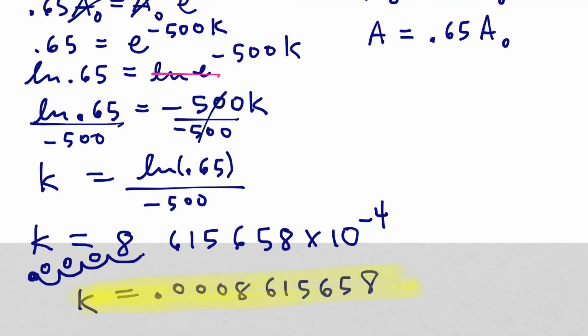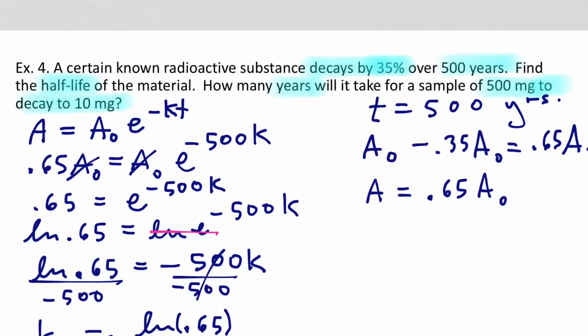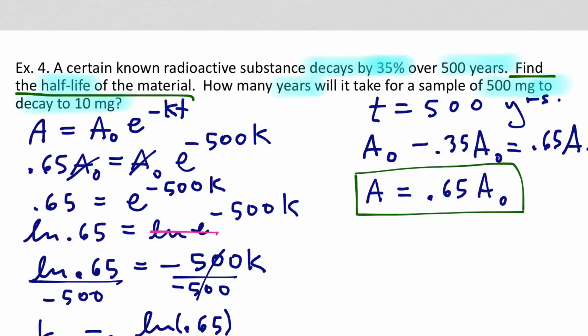All right, so I found out what my decay constant is here, my rate of decay, and I need that rate in order to find the half-life of the material. So when I'm finding the half-life of the material, I can think about what I did here. This here, A is equal to 0.65 A0, tells you how long it took to end up with 0.65 of the material.